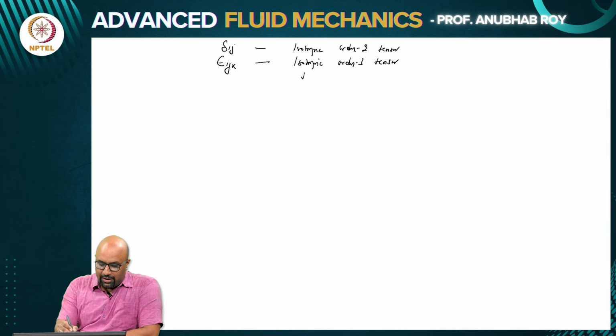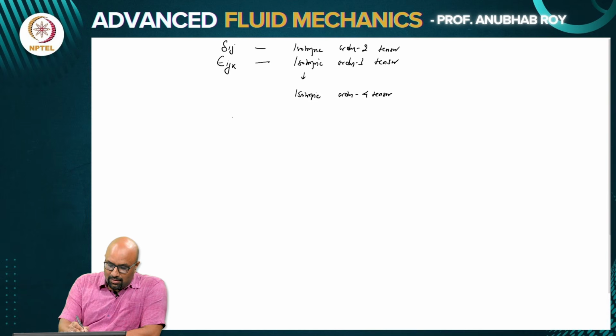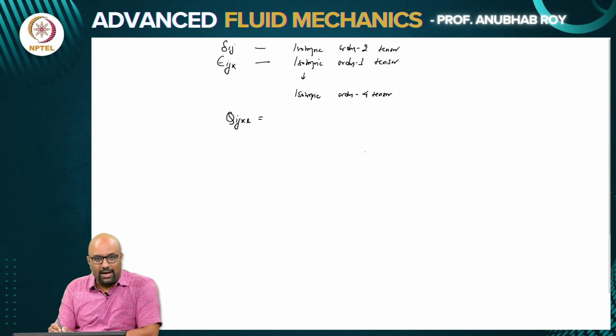Now, what if we keep going beyond? You can ask, what about an isotropic order 4 tensor? Now, here again an isotropic order 4 tensor would have 4 indices, i, j, k, l, and this incidentally is only expressible in terms of order 2 tensors.